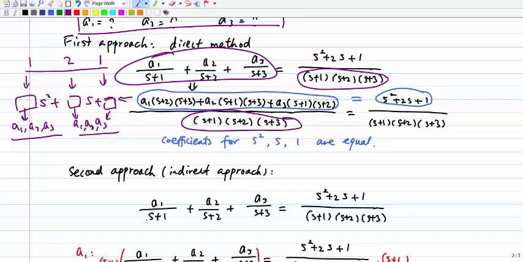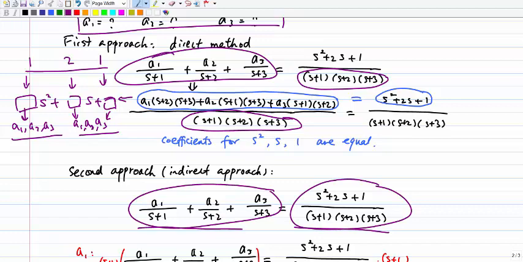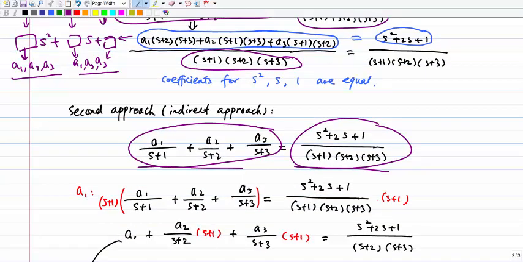Okay, assuming this is what we have, according to the partial fraction decomposition, I can decompose this into this form. Now let's compute a1. I'm going to multiply both sides, left-hand side and right-hand side, by s plus 1.